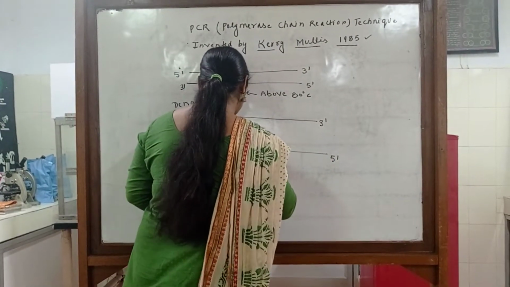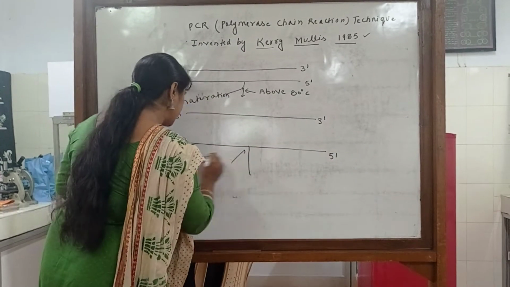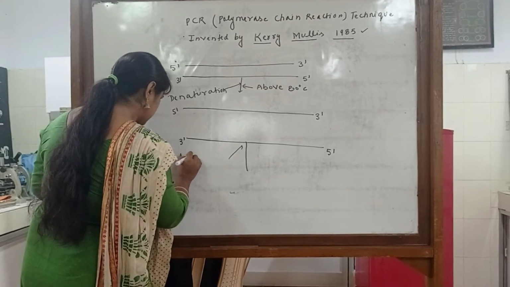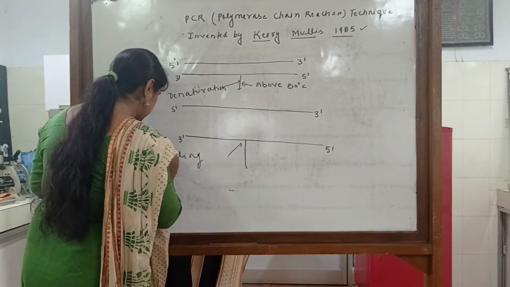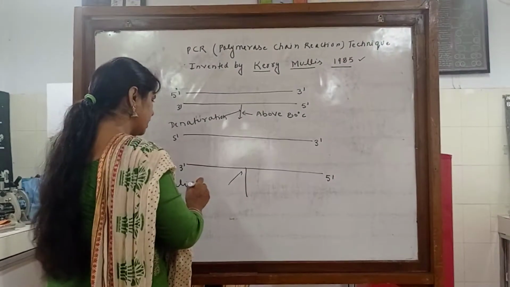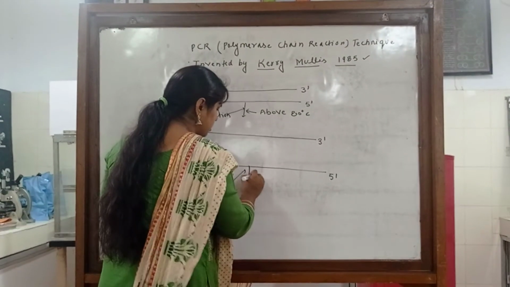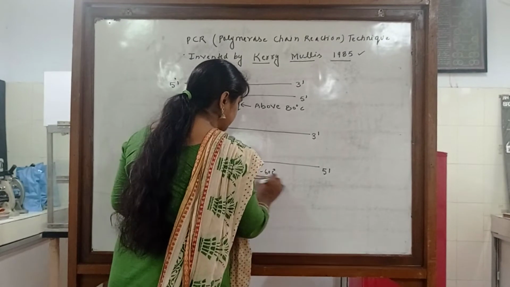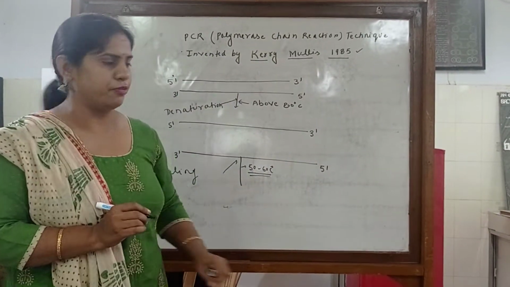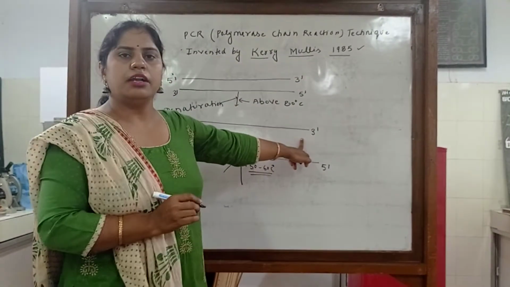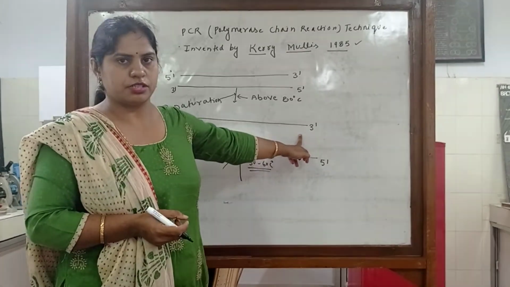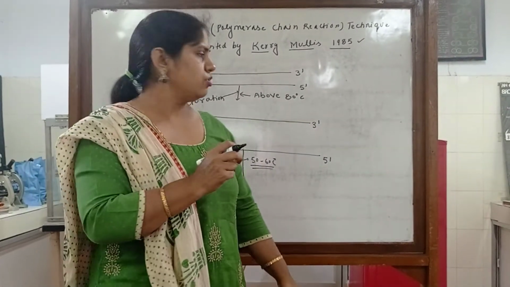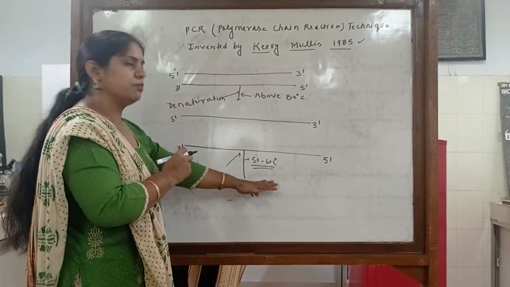Next step, it's annealing. Annealing means binding of primer. Generally a 50 to 60 degree centigrade temperature is used, but practically this temperature varies according to the desired gene of interest. If the GC content is high in the DNA, the annealing temperature will vary.